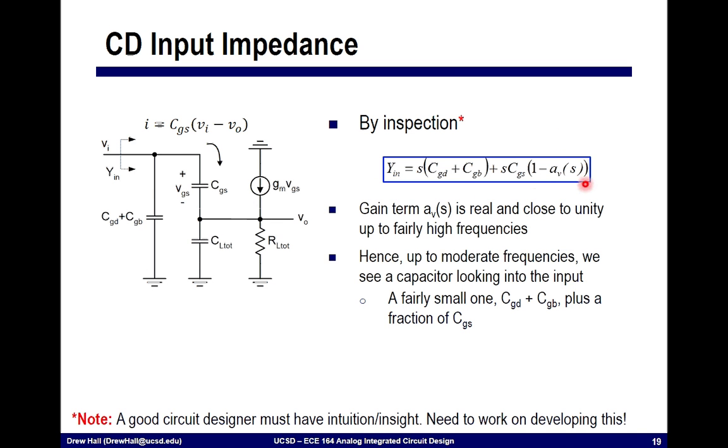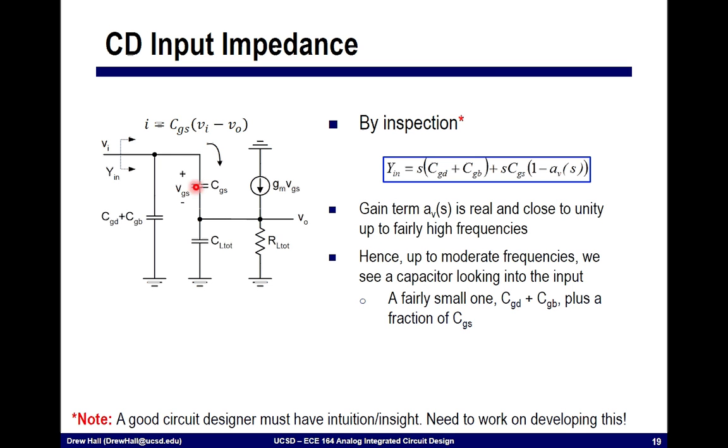So pause the slides now and derive the input impedance of this device. Essentially, all you would need to do is write a KCL node here, a KCL node here, and then you could solve this. I'll give you a hint, and the hint is simply that we already know what's going to happen with CGS, and we essentially know the current that's going to come in here.